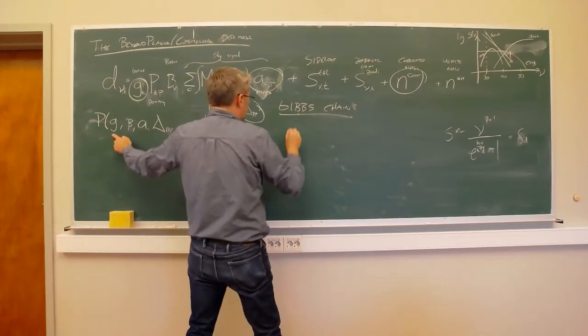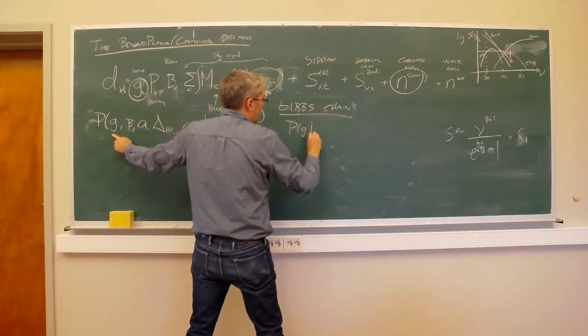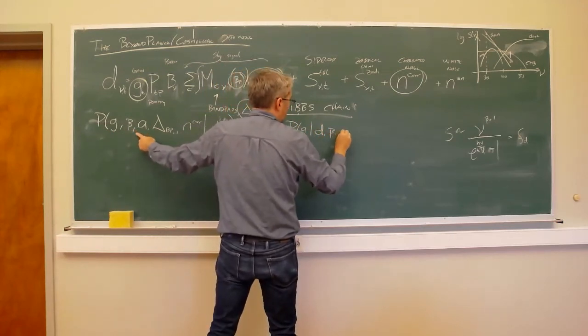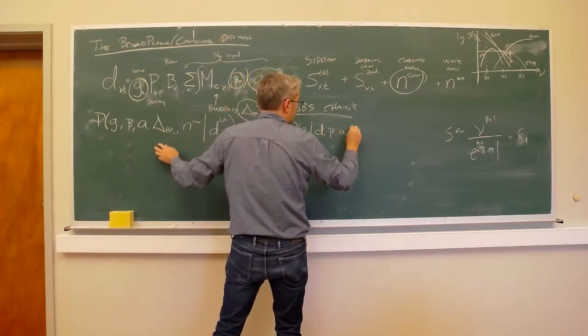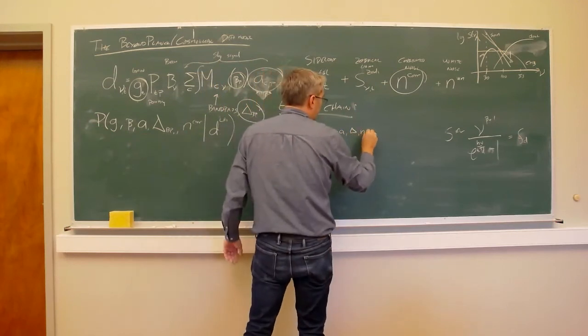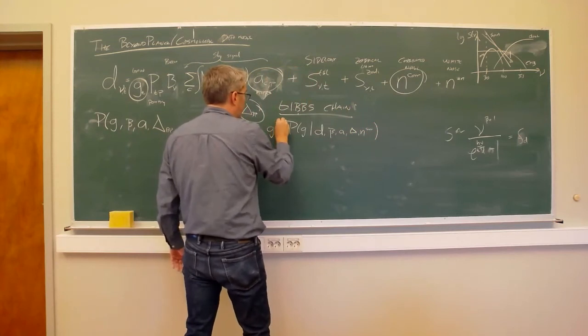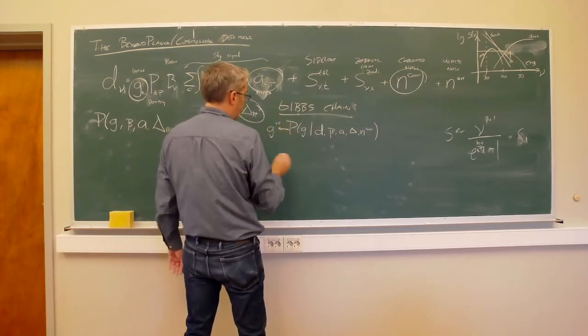The first step is P of G given data, beta, A, delta, N corr. So I'm going to draw G of i plus 1 from that distribution.